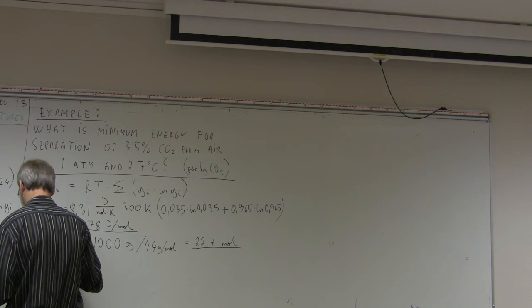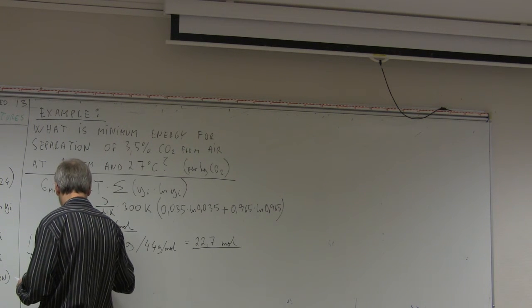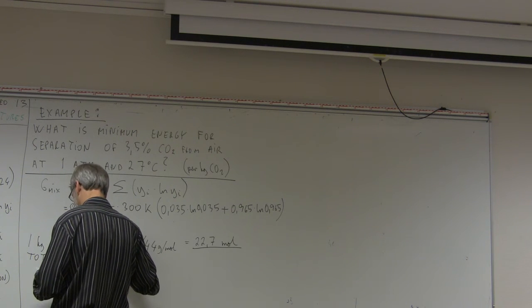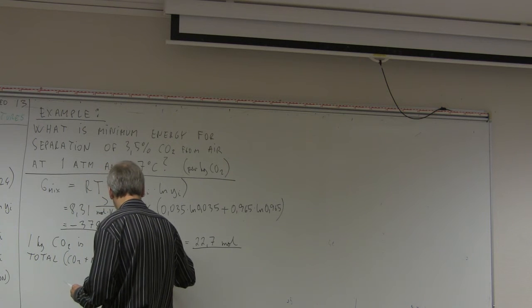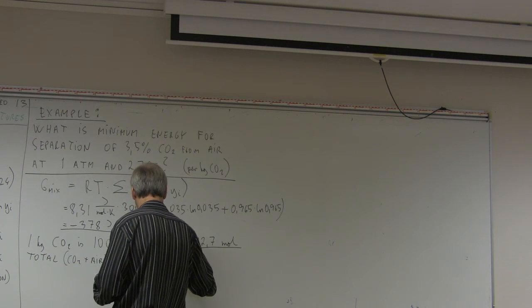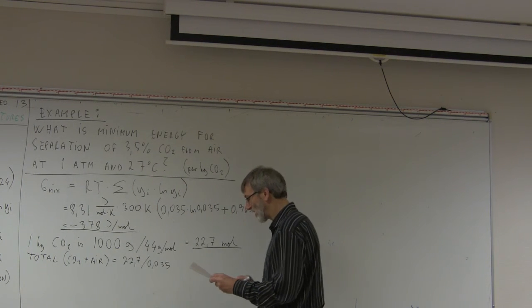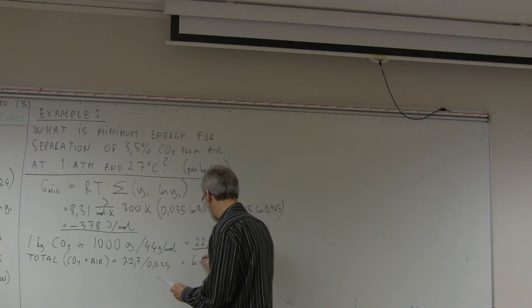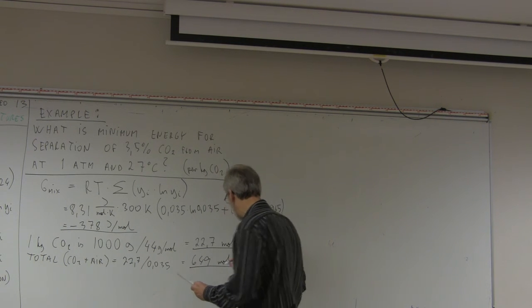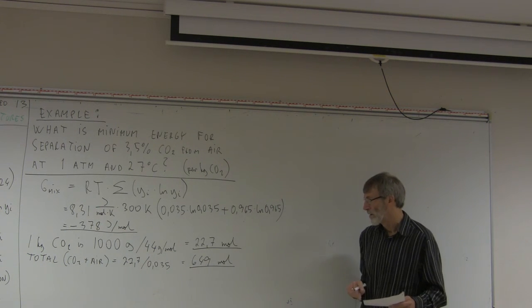The total CO2 plus air is 22.7 divided by 0.035, which is 649 mole.